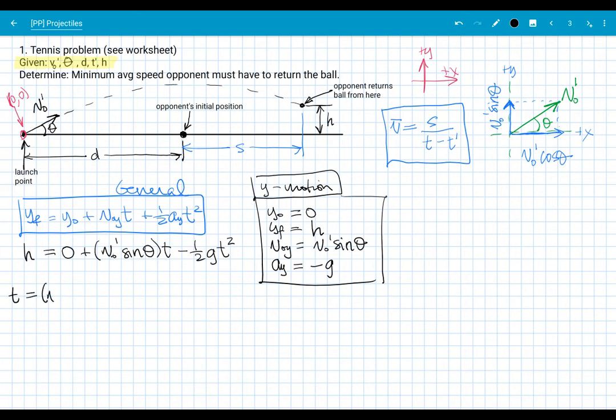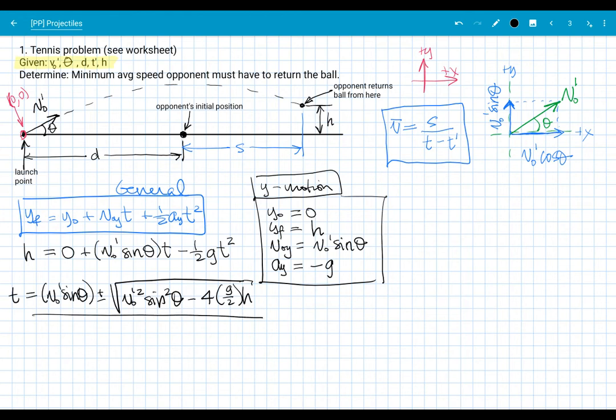So we would get here v naught prime sine theta plus or minus the square root of v naught prime squared sine squared theta minus 4 times g over 2 times h, all over 2 times g over 2.